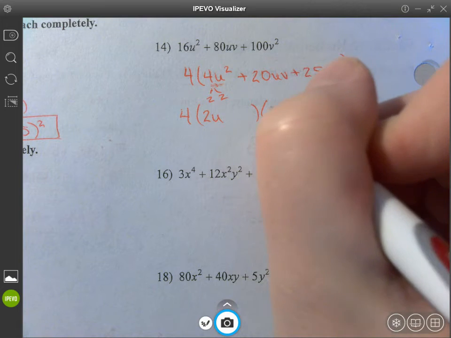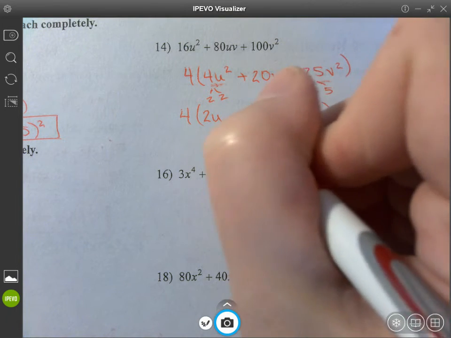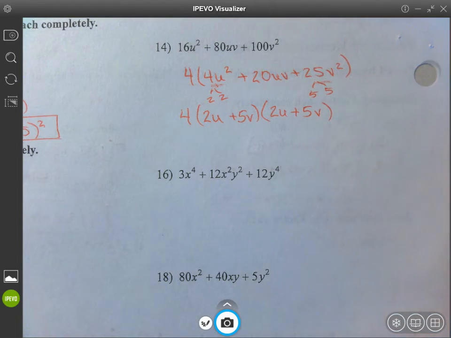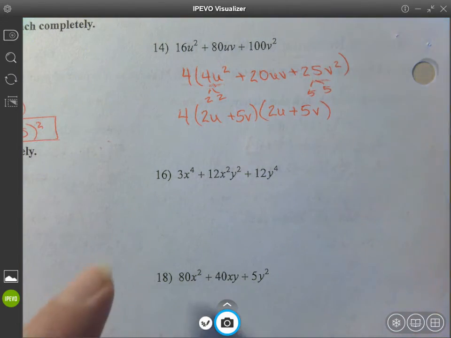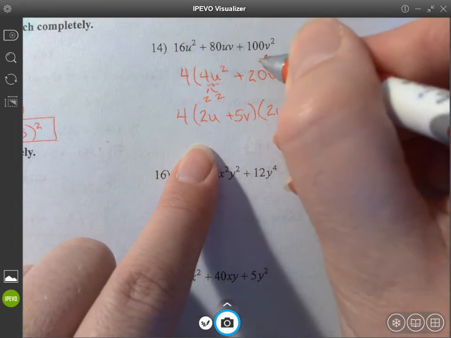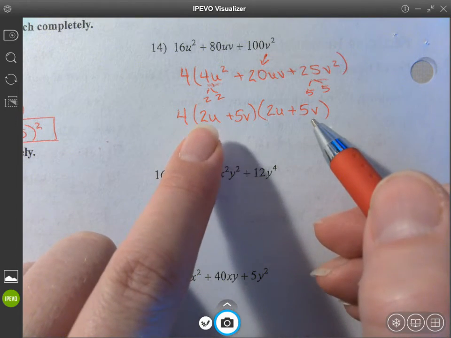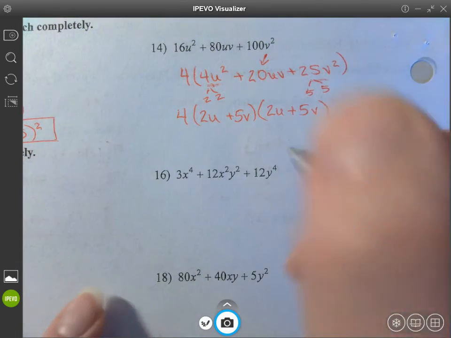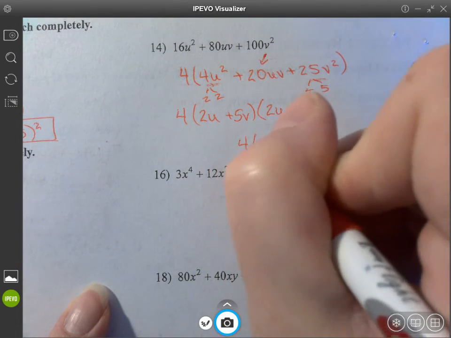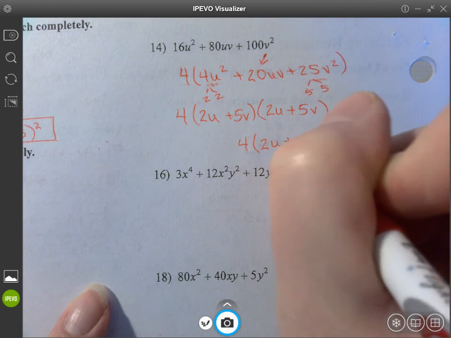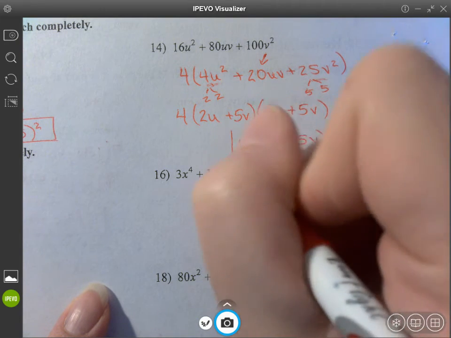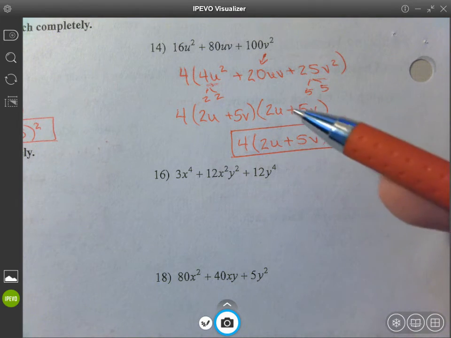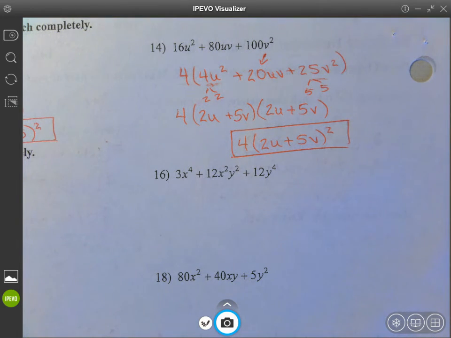So 2u times 2u, a positive 5v and a positive 5v. But rather than jumping to conclusions, you want to make sure that you get 20. So we multiply, we get a 10uv and another 10uv. It does work. So final answer, 4 times the quantity, 2u plus 5v squared. But again, we've seen some that don't work, so you definitely want to write this out and try it first.